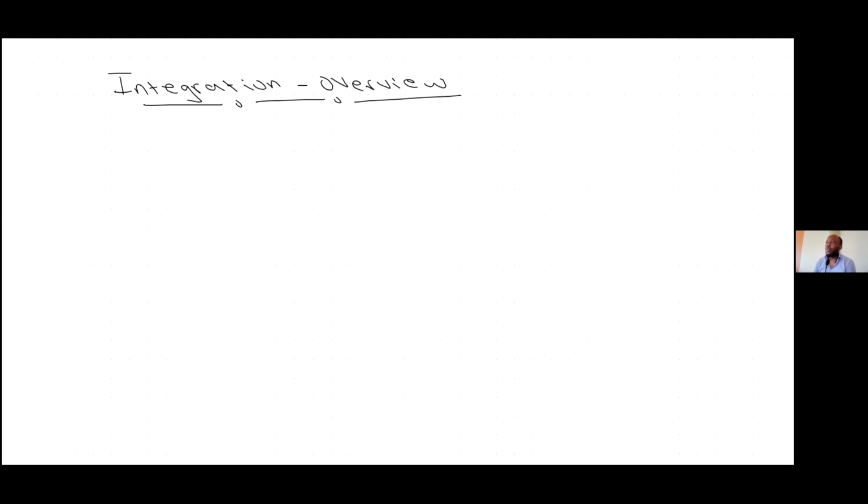So integration is the reverse or opposite of differentiation. Some textbooks have different ways of writing this, but it's important that you use the right method.